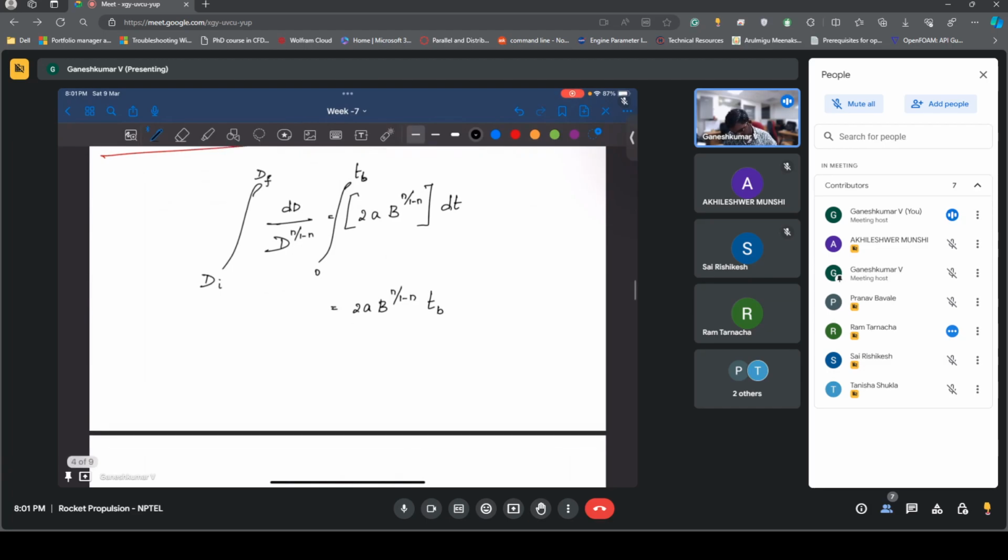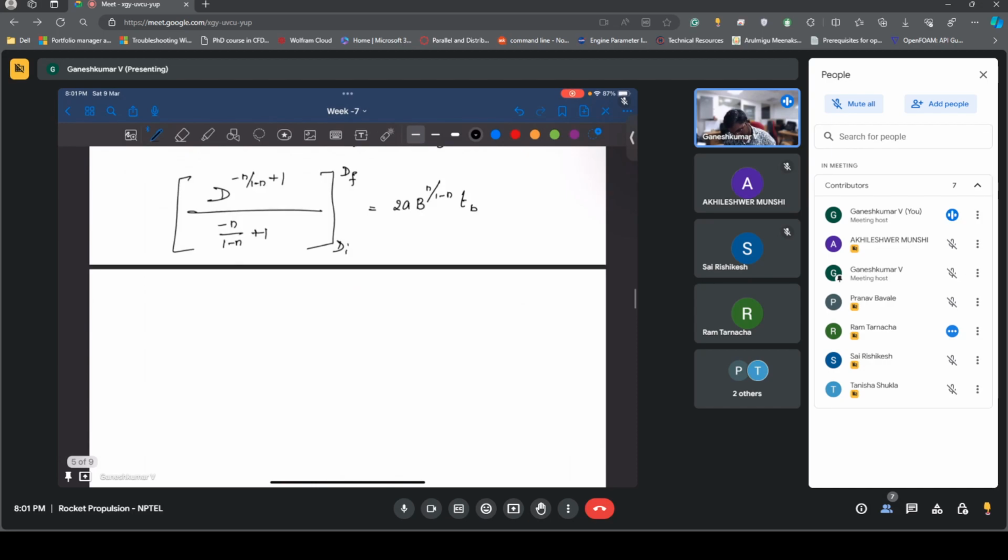And this part you may need to write as d power minus n by 1 minus n plus 1, divided by minus n by 1 minus n plus 1, varies from di to df, is equal to 2ab n by 1 minus n tb.